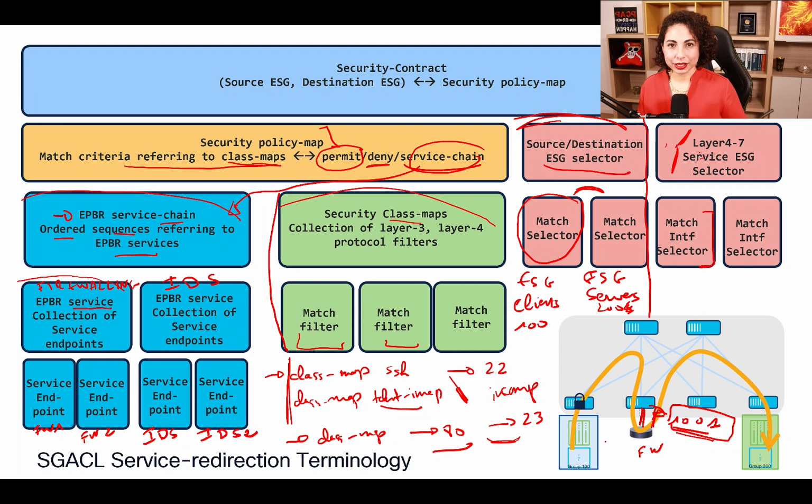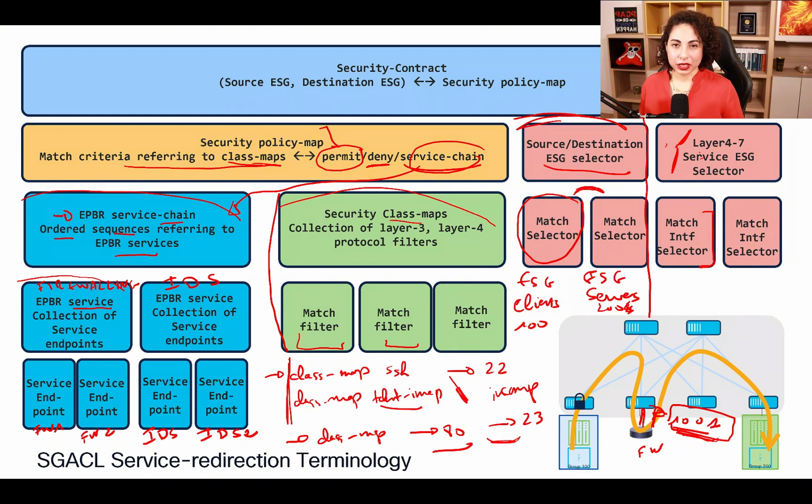And I believe that you are starting to see the, not the challenges, but the main things that we are going to explore in the next slides, because we have seen in the previous slides that we transport the information of the source group inside the VXLAN header, right? And now I'm telling you that we are introducing another tag in between. So how does everything fit together?